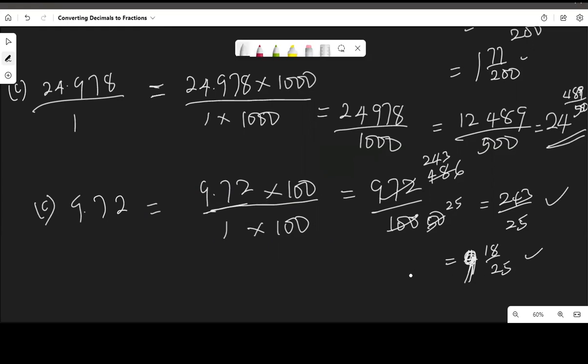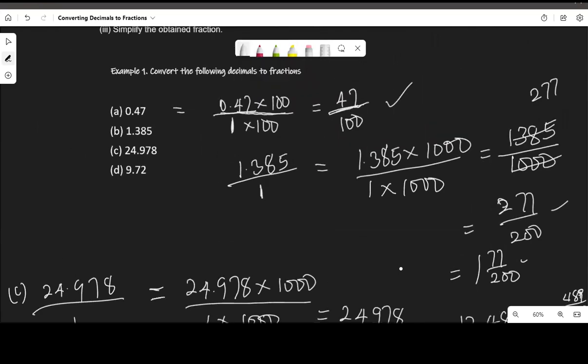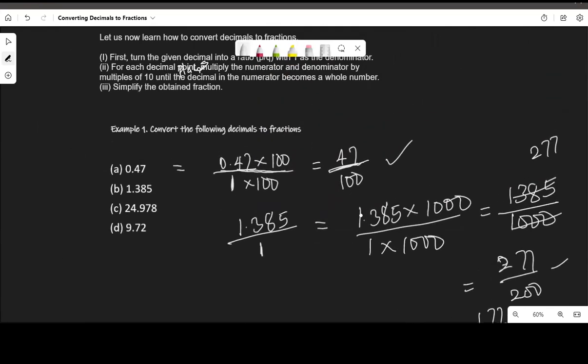So that is that for this class, how to convert decimal numbers to common fractions. You first of all write the decimal number as a ratio with 1 as a denominator. So let me give some random example.